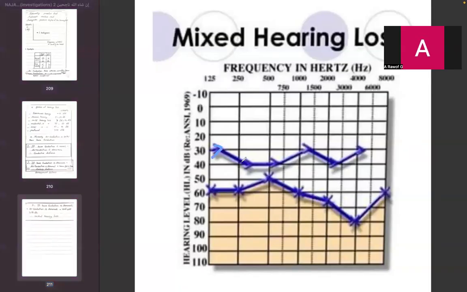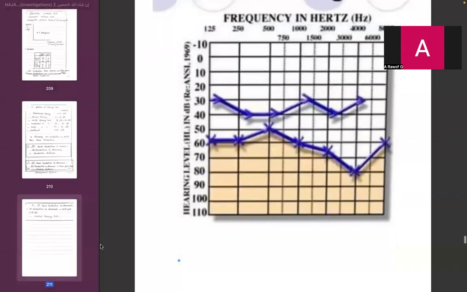Here the bone conduction is lying between 30 and 40 decibels, and the air conduction is lying between 60 and 50 decibels. So 50 minus 30 is 20 decibels, a difference of more than 15 decibels, so this is mixed hearing loss.